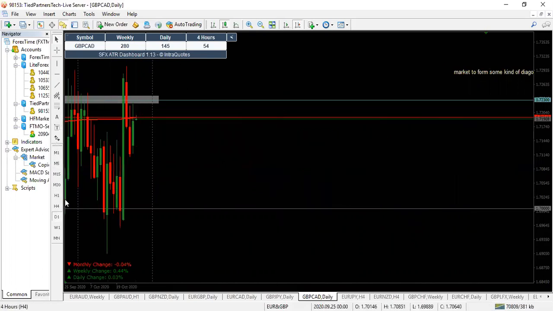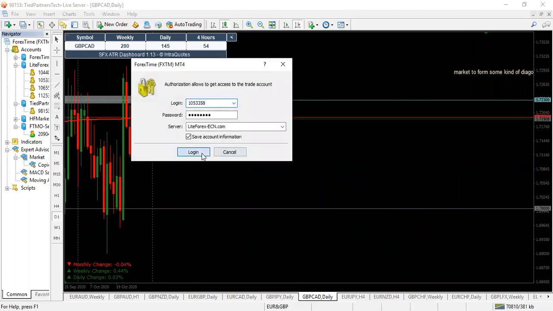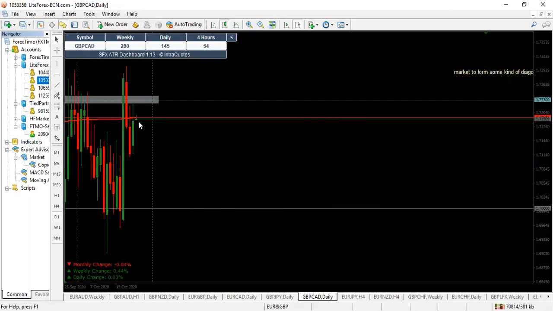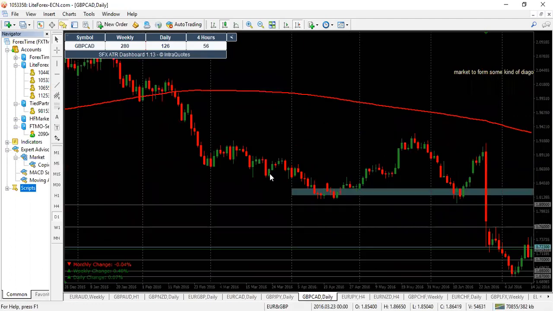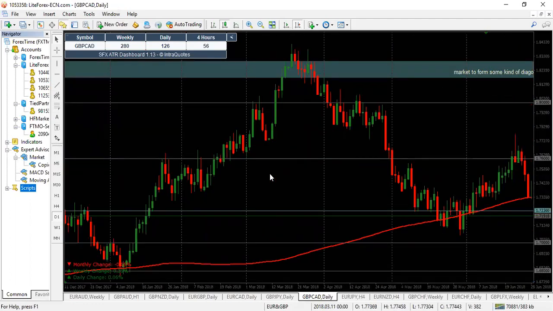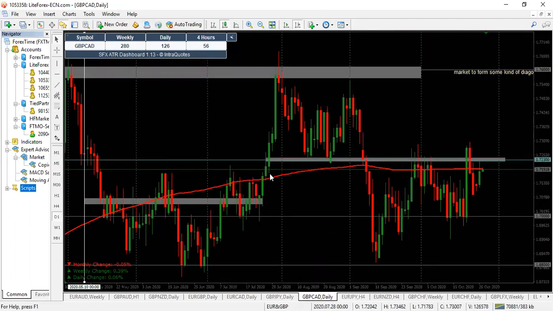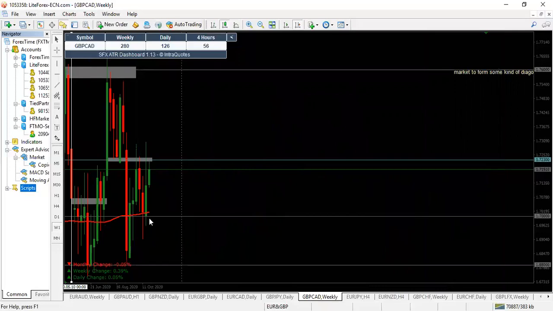So we go on a daily time frame and see what other brokers are actually saying about this pair, in terms of how the candles are positioned. It's also similar here, but it wasn't really that distinctive an engulfing pattern, though to an extent it was.